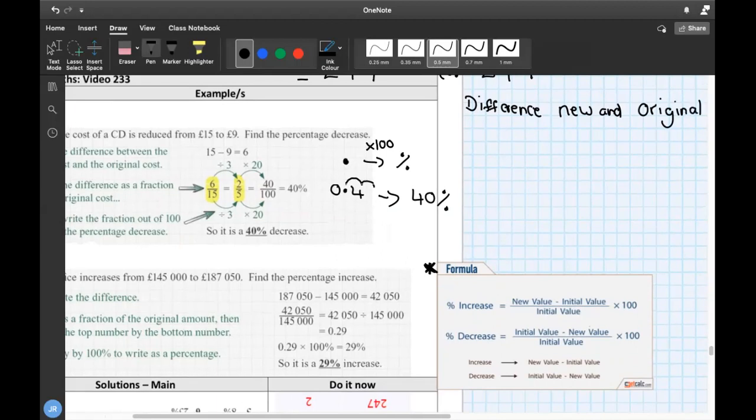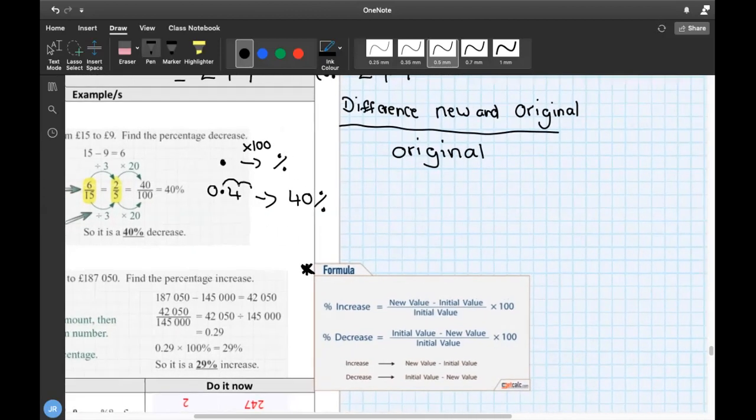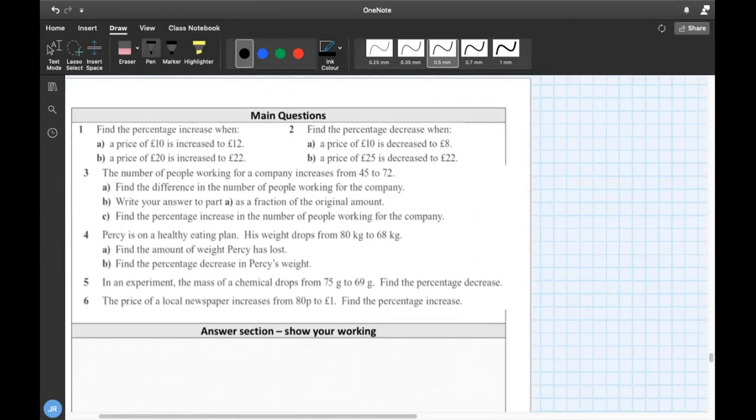And then you're going to divide that by whatever your original amount was. Finally, because you're trying to find the percentage change, to go from a decimal to a percentage, you would need to multiply that by 100. Okay, right. Let's put that into practice and have a go at some of our questions here.